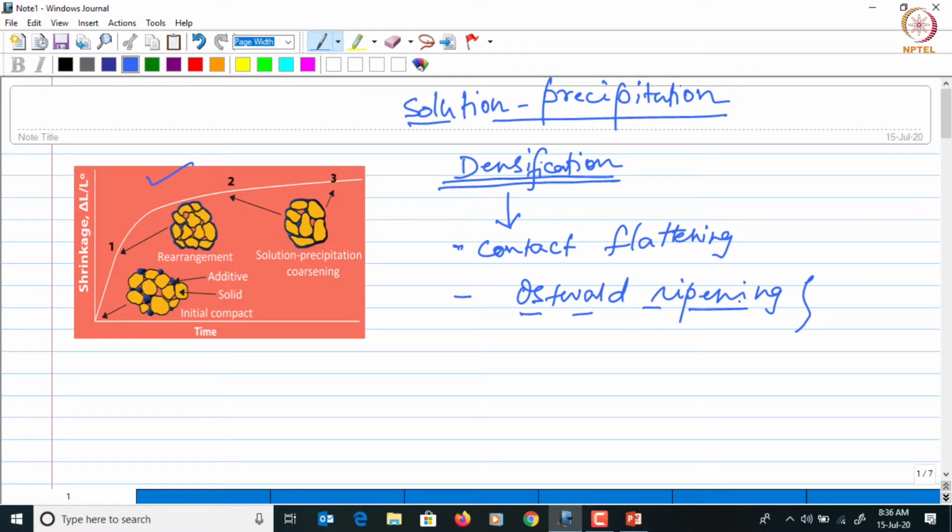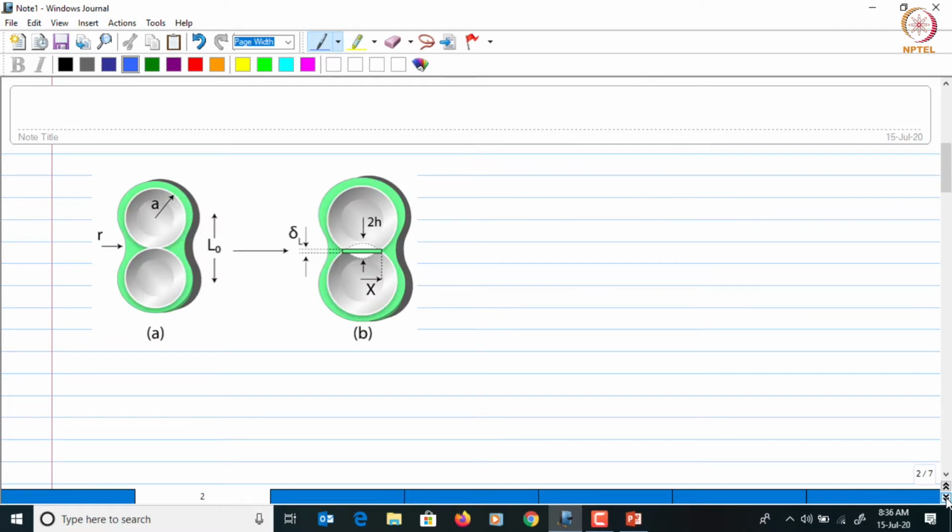So let us first talk about the contact flattening mechanism. Here the model which is proposed for the densification mechanism through contact flattening considers two spheres of similar size, as you could see in this figure here.